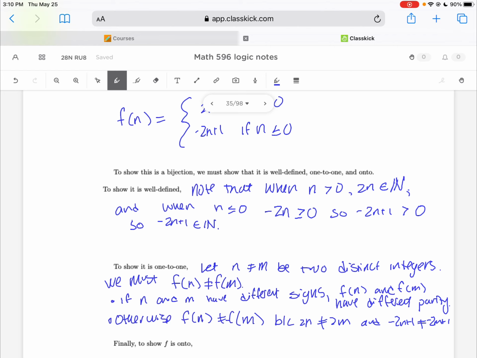That means that those outputs, f of n and f of m, are not equal to each other. Okay, so we know that this is a one-to-one function as well, an injective function.